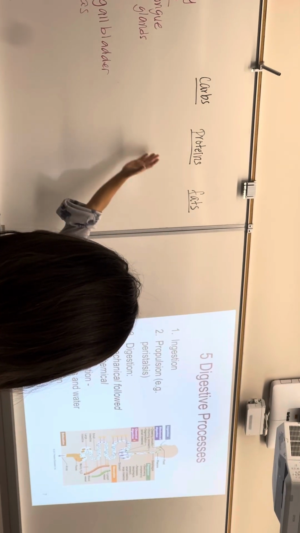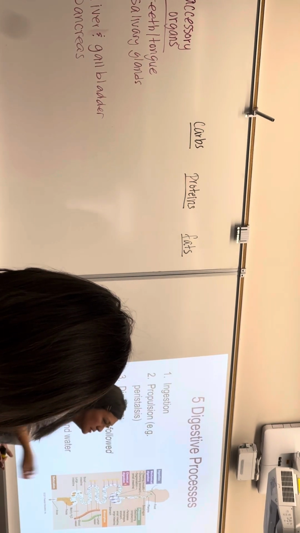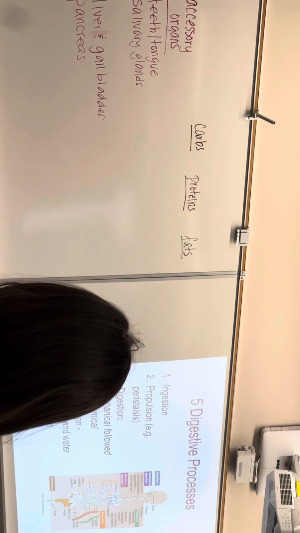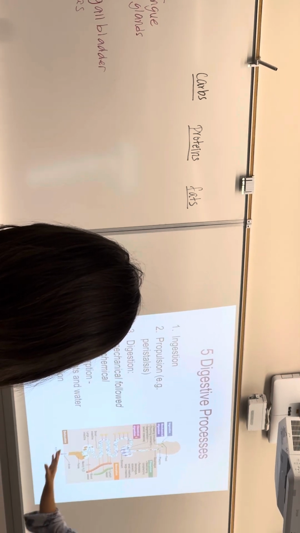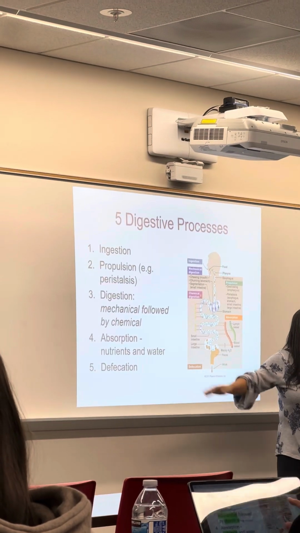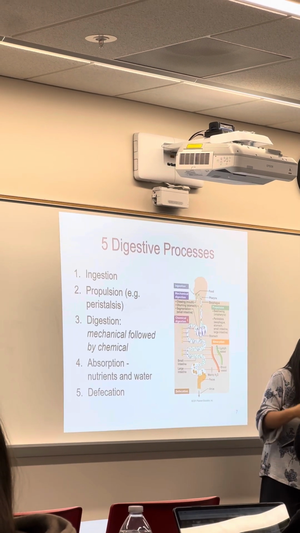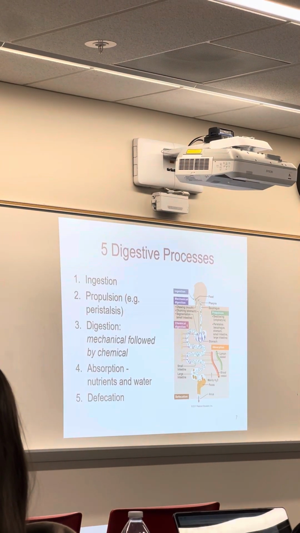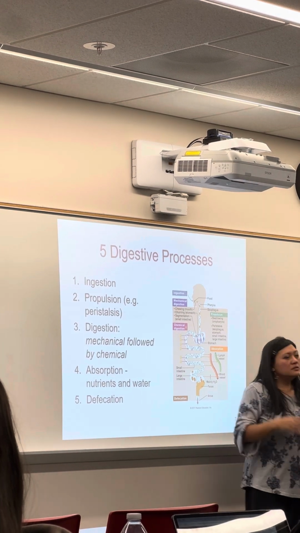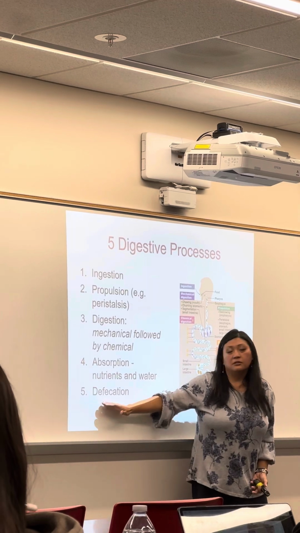After all is said and done, we're trying to digest these large foodstuffs into something our cells can actually use. Those would be the nutrients. And so we have to absorb all of that and absorb some water so that what is left over goes from being some soupy mix to something more semi-solid. And when we get rid of that semi-solid waste, that's what we call defecation.